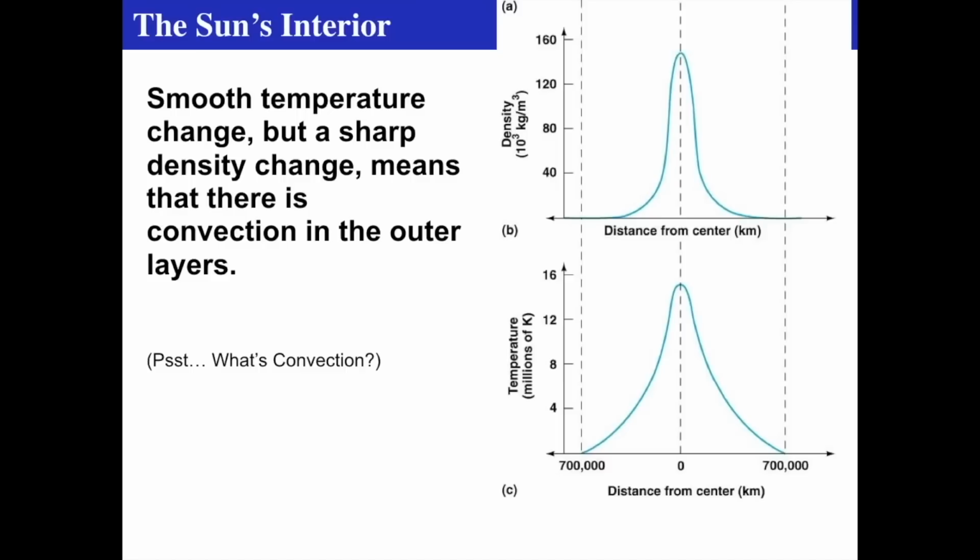Convection is when you have a strong temperature gradient, but not a very strong density gradient. That is ripe for conditions of convection. And that's what we saw on the surface of the sun: enormous granulation and supergranulation, which are the convective cells. So what exactly is convection? Well, we'll get to that really soon. And what are the other things as well?